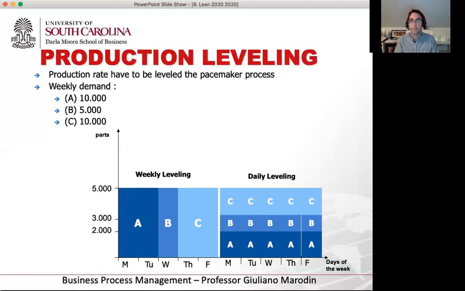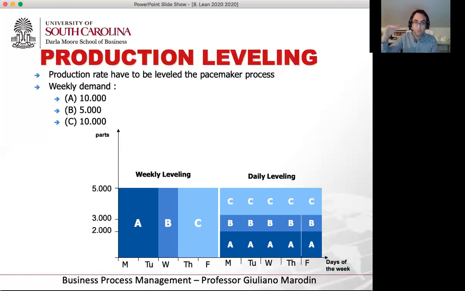Which one is the best from a lean system perspective, right? So imagine that if I have a Kanban, right, and I have item C there, okay? I'm going to have an inventory of item C there. If I have a weekly leveling, how much inventory should I have for item C? Well, I'm producing C once every week, right? So I have to have an inventory of at least that amount.